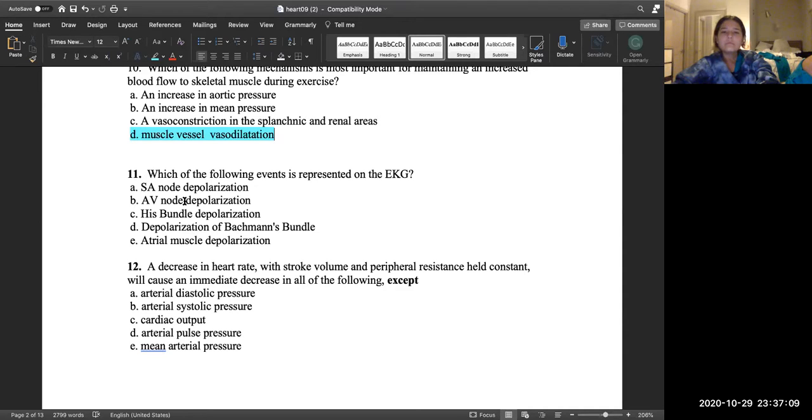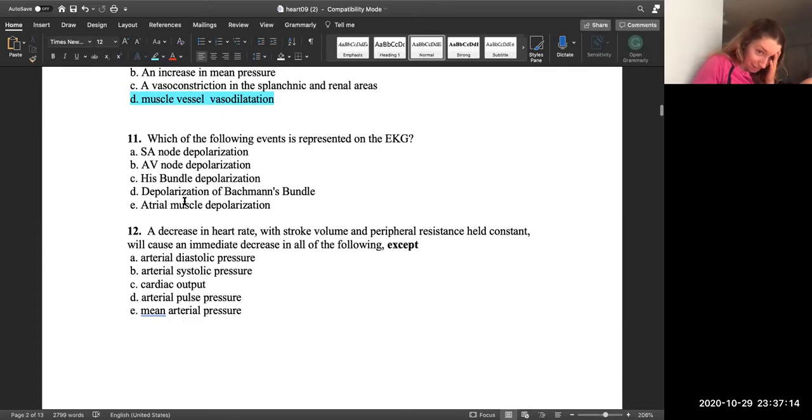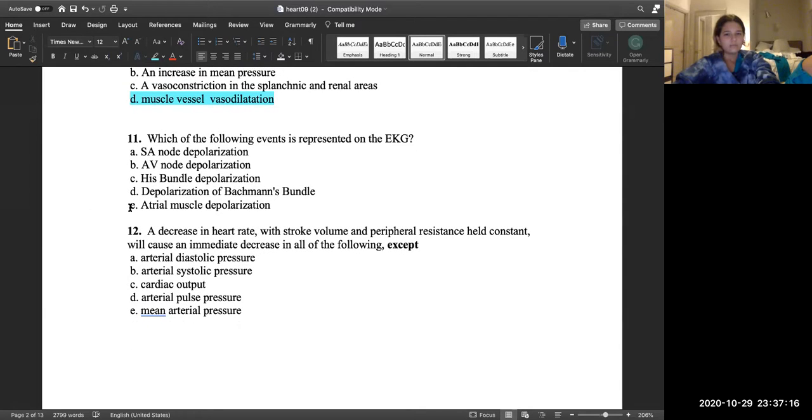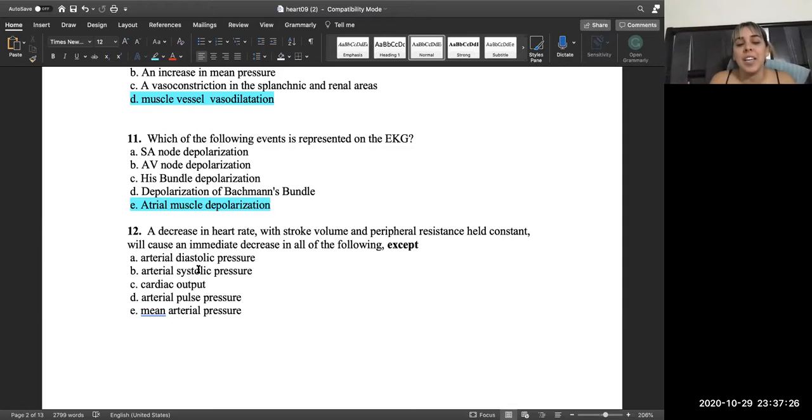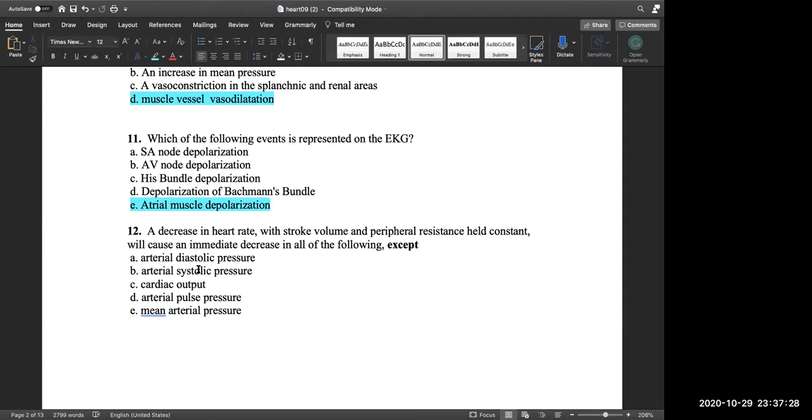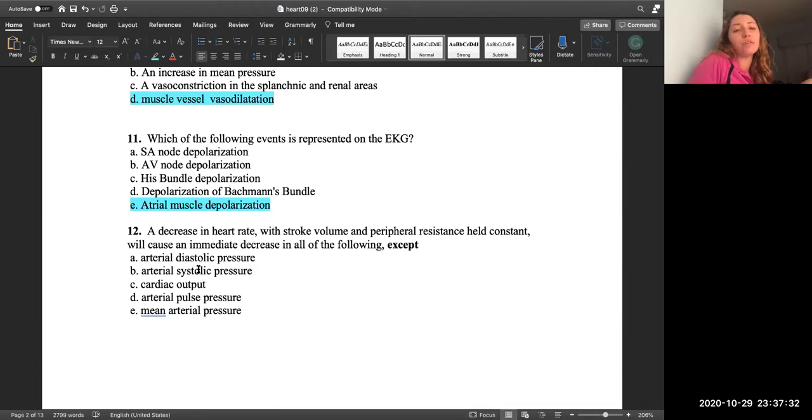Oh, it's the same thing. I thought it was the same thing. It is. Okay. What's the answer? So why was it atrial muscle depolarization? Because it doesn't show the SA node depolarization.